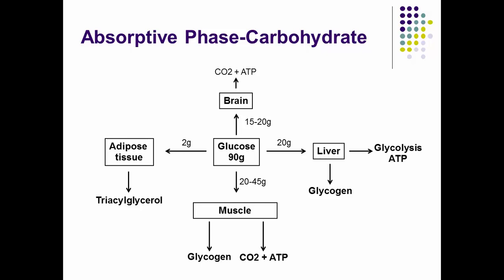And 2 grams of glucose go to the adipose tissue. Some of them are partially oxidized to produce ATP, and 2% of them will be metabolized to produce glycerol 3-phosphate, right, for triglyceride synthesis.